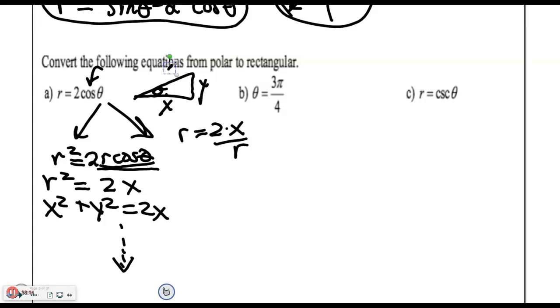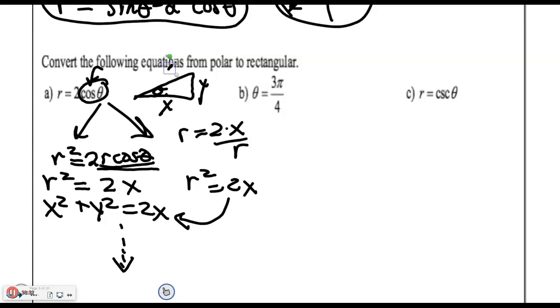Wouldn't you get r squared equals 2x? See how it's, you see what I'm doing here? It's the same thing. So we can replace cosine with x over r, multiply by r. I'm still going to get the exact same thing if I keep going. So it doesn't matter.